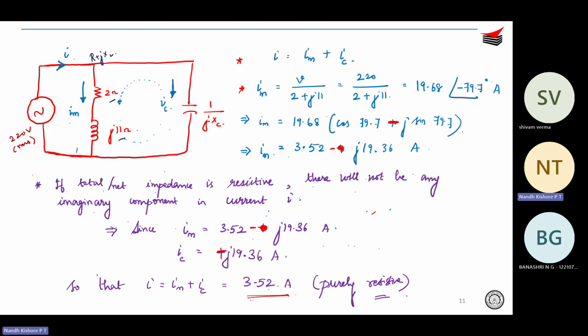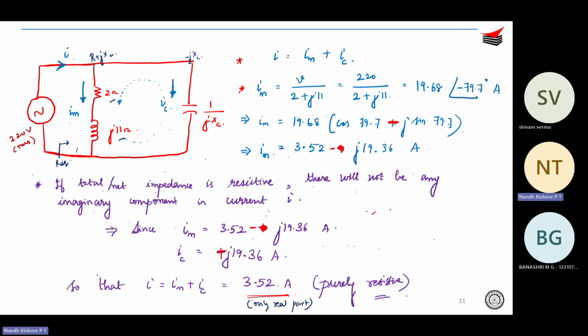Now you have to design or put a capacitor so that the equivalent impedance is purely resistive. This R equivalent and the motor resistance will not be the same once you put the capacitor, right? So you put a capacitor over here and make sure that the total current drawn from the supply is resistive, or has only the real part, no imaginary part.